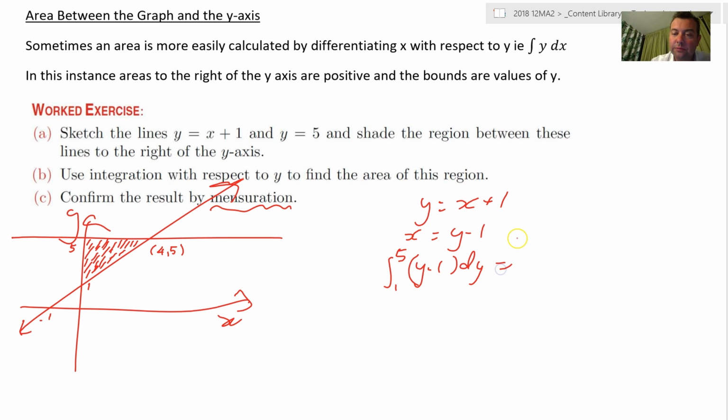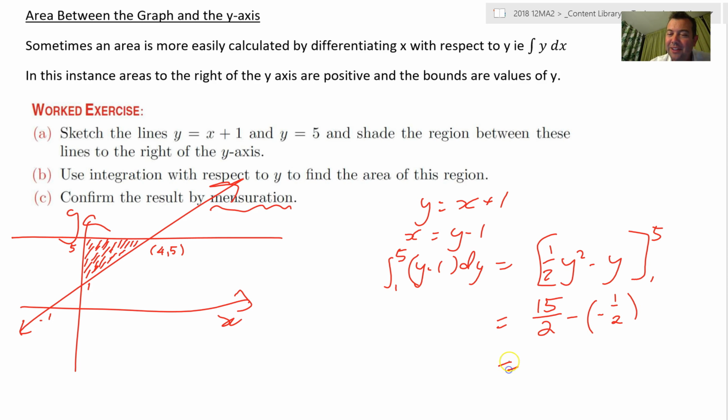And that's equal to half y squared minus y between 1 and 5, and that is equal to, I think it's 15 over 2, 15 over 2 minus negative half, equals 16 over 2 equals 8.